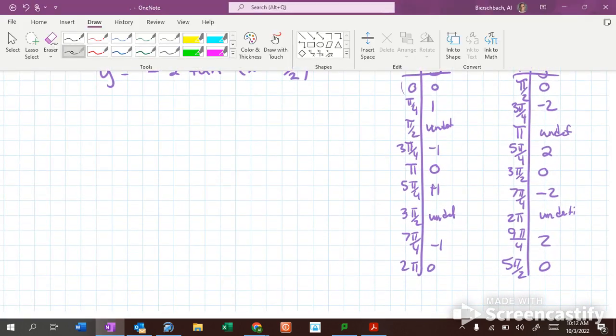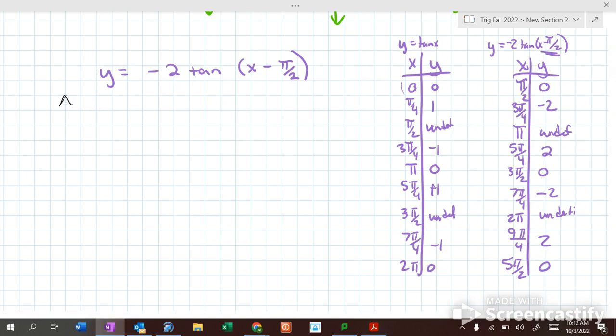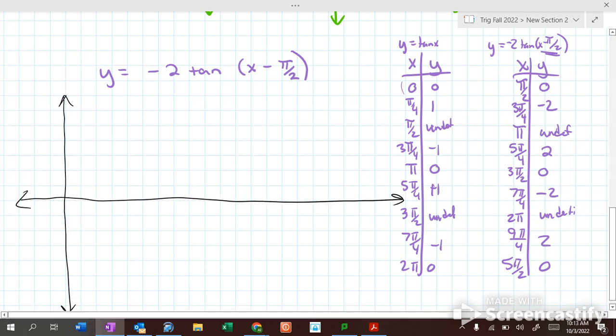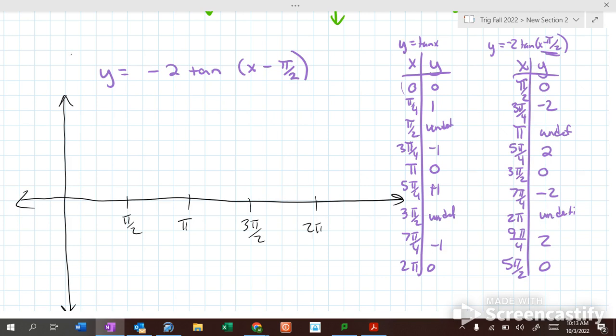So you're not going to graph your original curve because it just gets too many lines in there and too much going on. So I got pi over 2, pi, 3 pi over 2, 2 pi, 5 pi over 2, 1, 2, 3, negative 1, negative 2, negative 3.